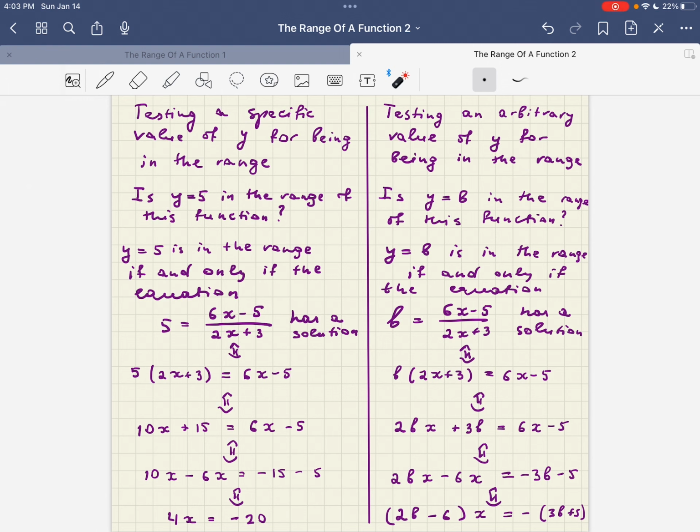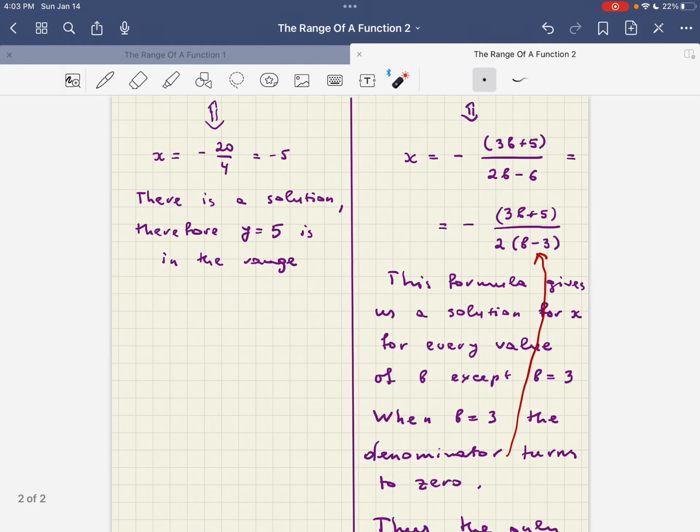On the left-hand side, we factor out x. (2b minus 6) times x equals negative (3b plus 5). Now we solve for x by dividing both sides by 2b minus 6, and we find x equals negative (3b plus 5) divided by (2b minus 6). We can factor the denominator as 2 times (b minus 3).